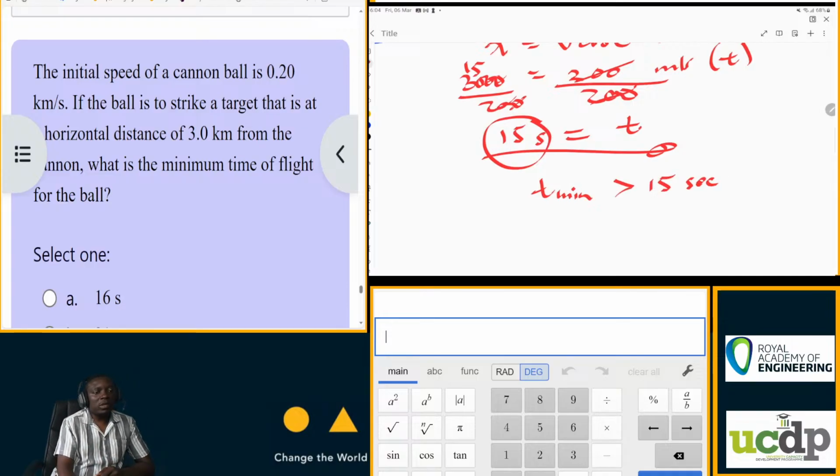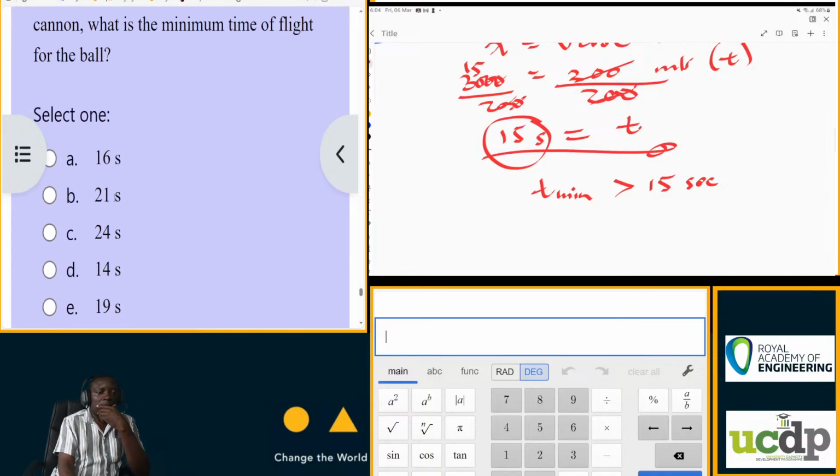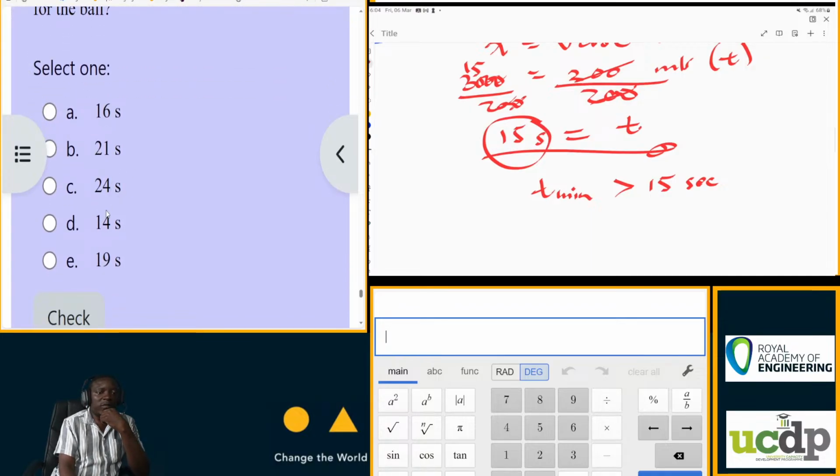And hence, according to the solutions that we have here, we can do the elimination. Let's see what we have. We have 16, 21, 24, 14, and 19. 14 is out because it's less than 15, which we should get with horizontal launch and no air resistance.